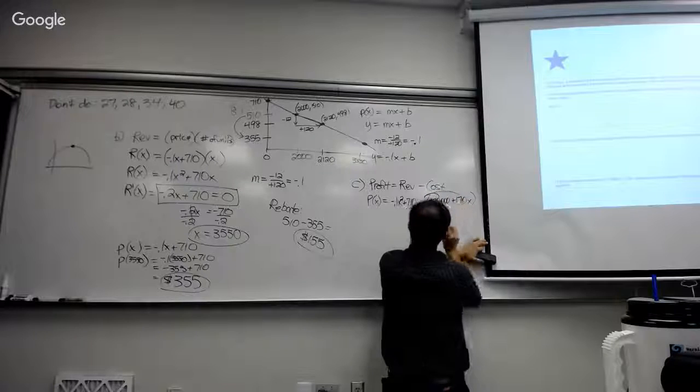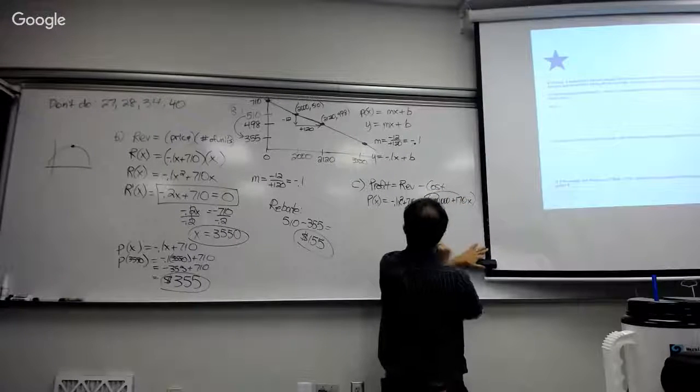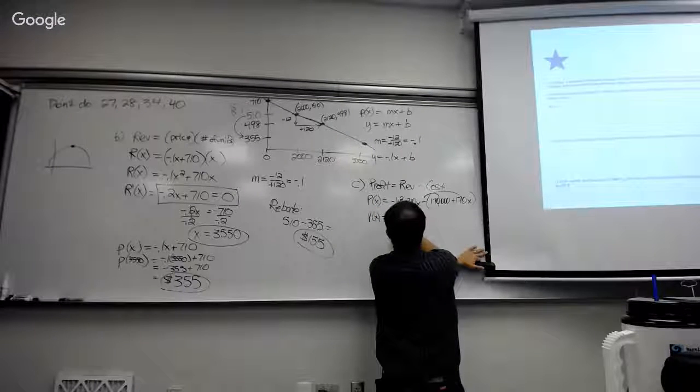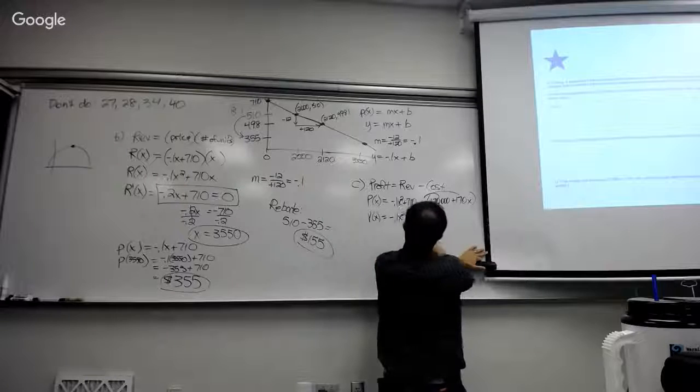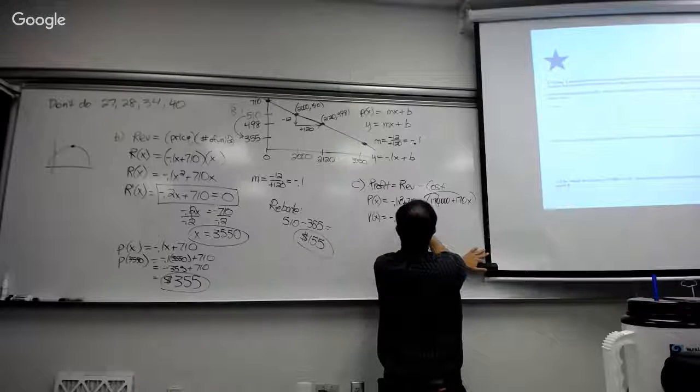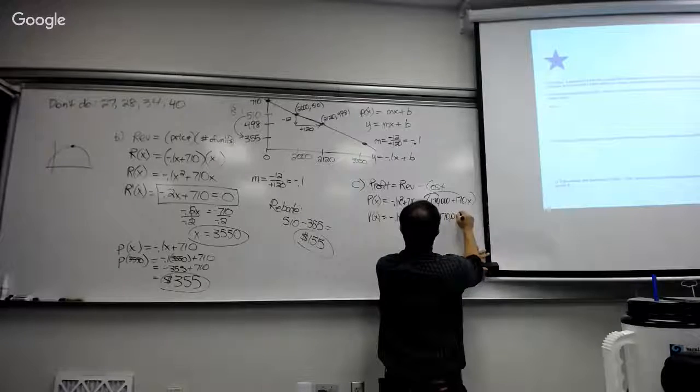So we distribute the minus sign. That's kind of nice. It doesn't cancel out anything. That's 170 and that's 710. So our profit is negative 0.1x squared, 710 minus 170, is that 540, plus 540x minus 170,000.